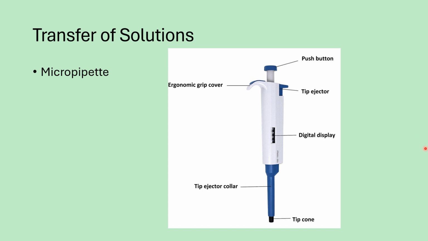So depending on what you're working with, in terms of the liquid, do you need a set volume or not? That will determine whether you need a micropipette for small volumes, the regular serological pipettes for larger set volumes, or just an inoculating loop.